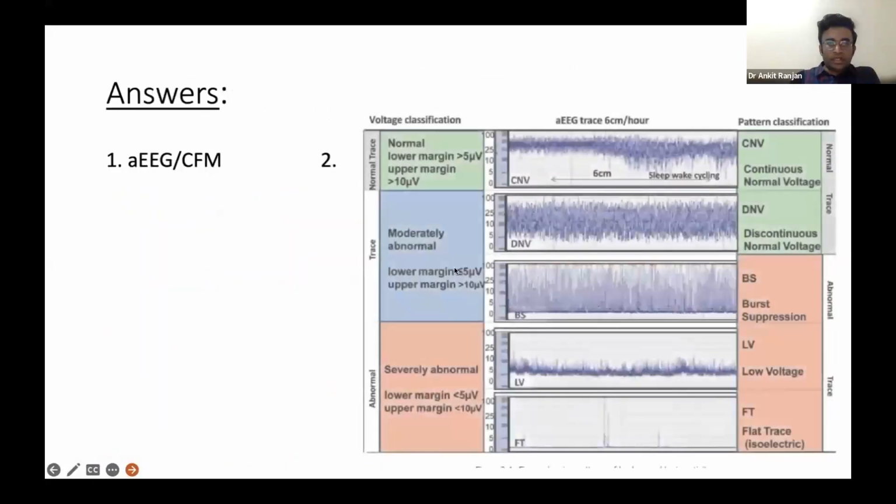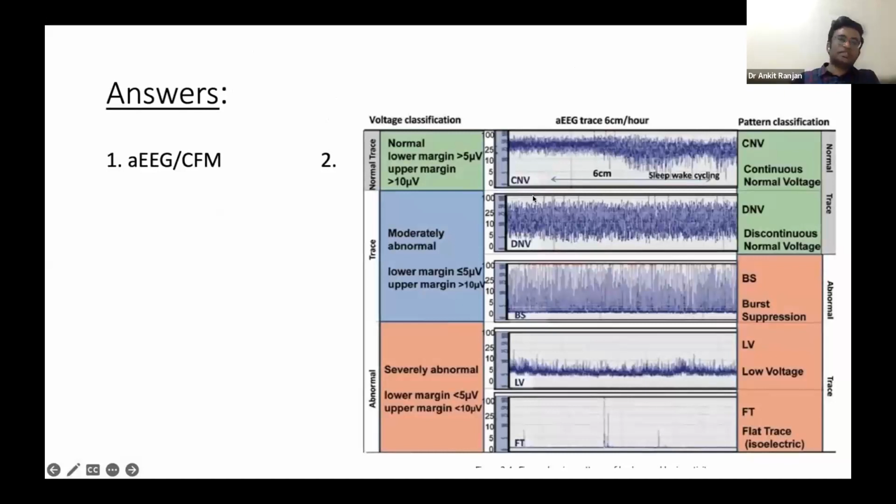What are the other background patterns? You need to know, if you can remember, this is the Hellstrom-Westas classification. And if you remember it in an easy way, there can be a normal waveform, a moderately abnormal trace, a severely abnormal trace. So these are the background patterns which we can see in an aEEG study.